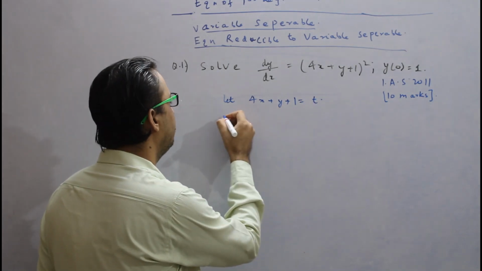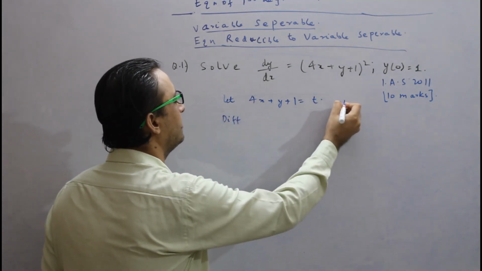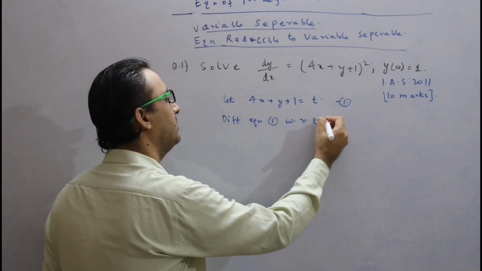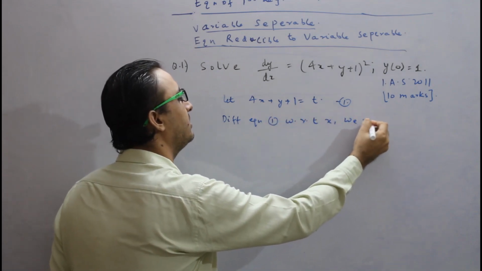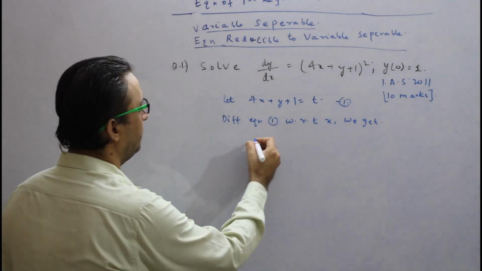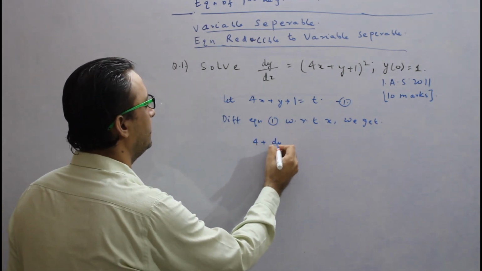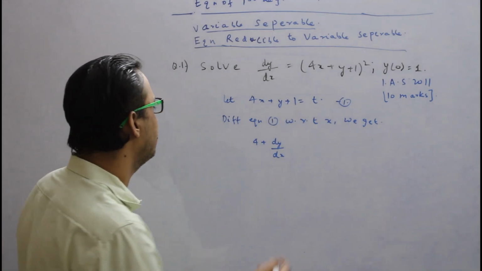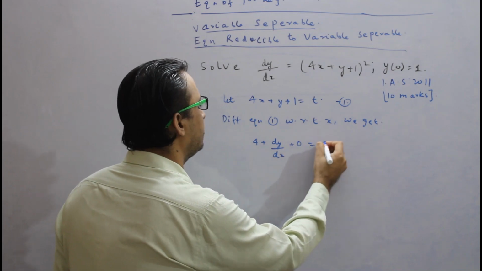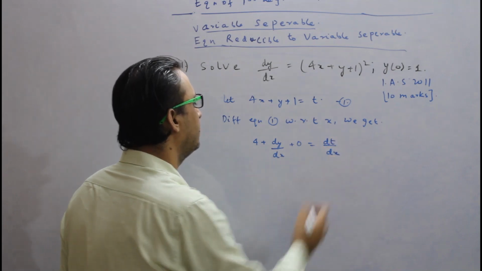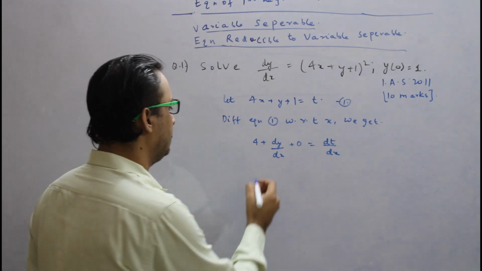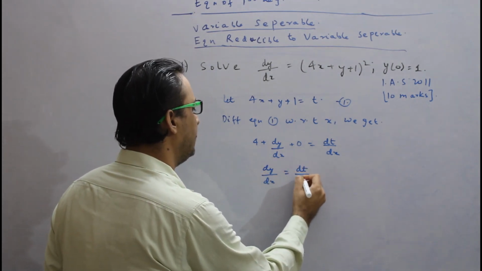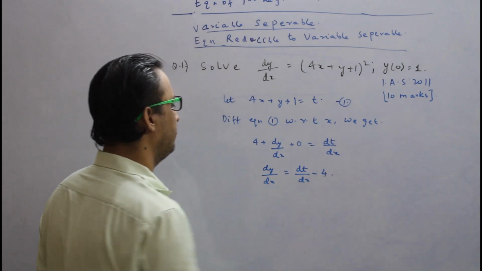So if we differentiate this equation 1 with respect to x, we get 4 plus dy by dx. 1 is constant, so its derivative with respect to x is 0, and this is our dt by dx. So we get our dy by dx is equal to dt by dx minus 4.